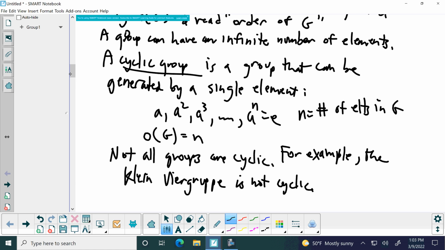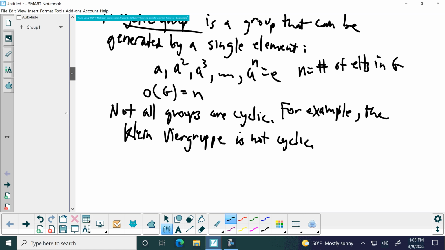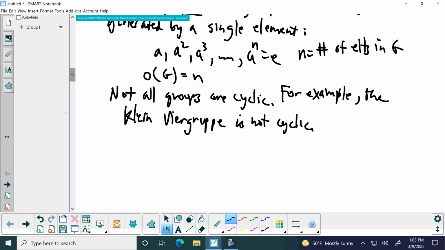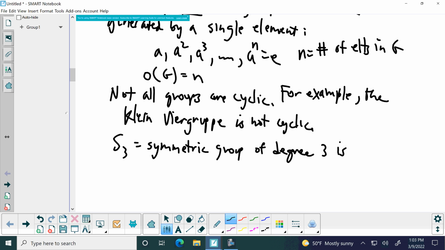So we did the fruit stuff, the group of order 2 and the group of order 3, they were cyclic, but the Klein four group is not cyclic, and S3, the symmetric group of degree 3, is not cyclic.